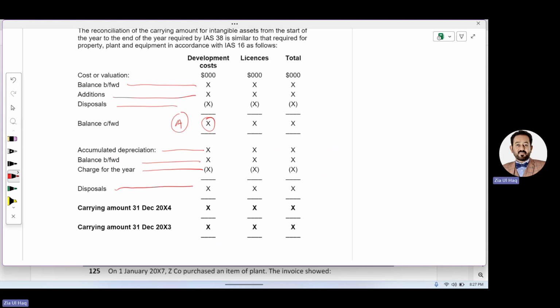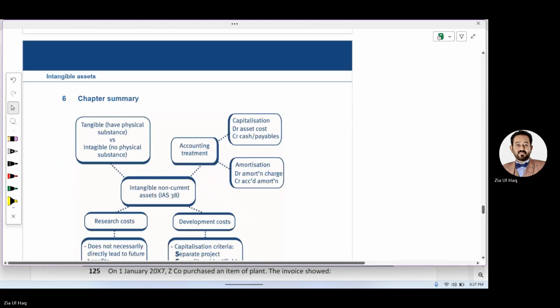Instead of disposal, it should be closing balance, balance carried down. And this will be B and this will be A minus B. And the previous year figures should be disclosed along with current year figures.